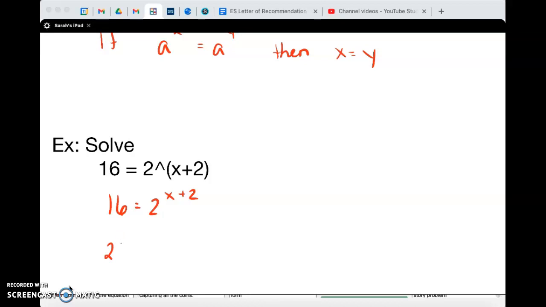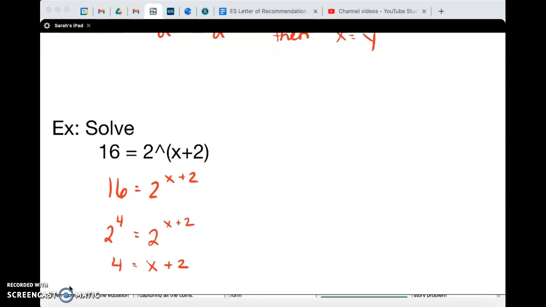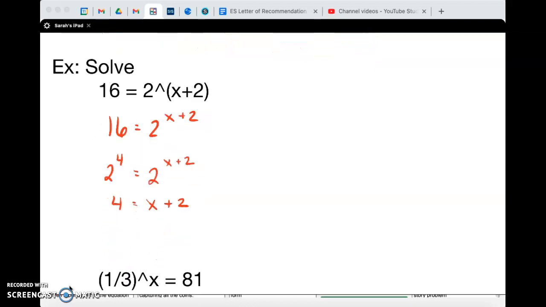So I can rewrite 16 as 2 to the 4th, equal to 2 to the x plus 2. Since I have the same base, I can use the one-to-one property, and I have 4 equals x plus 2. Solving for x, x equals 2. Nice.